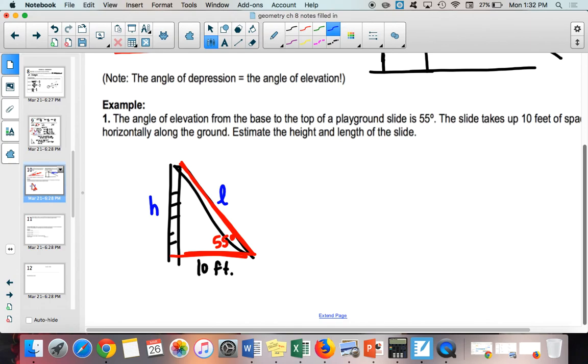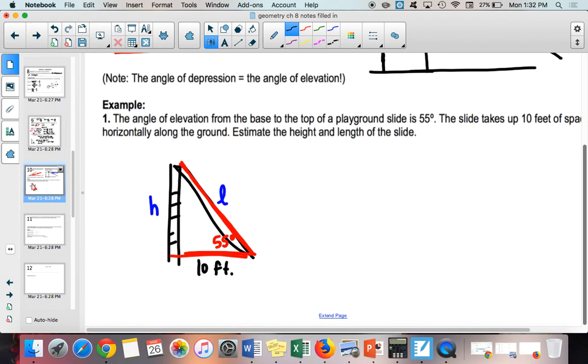Okay, so let's say I want to find height first. Identify what you have and what you need. We have 55 degrees, and this thing that's next to it is what we would call the adjacent side, right? Does that make sense? I want the opposite. Can I set up an equation using what I have, the adjacent, and what I need, the opposite?